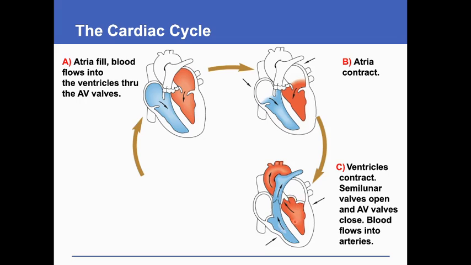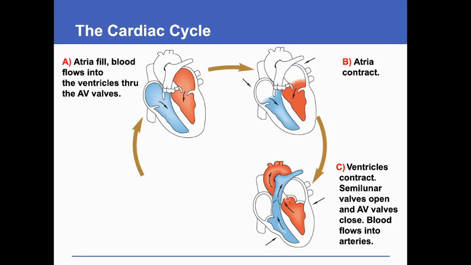Because now, when the ventricles are contracting, you don't want to send blood backwards into the atria. You want to send blood forwards into the pulmonary trunk on the right side and into the aorta on the left side. So the ventricles contract, that forces the semilunar valves open.